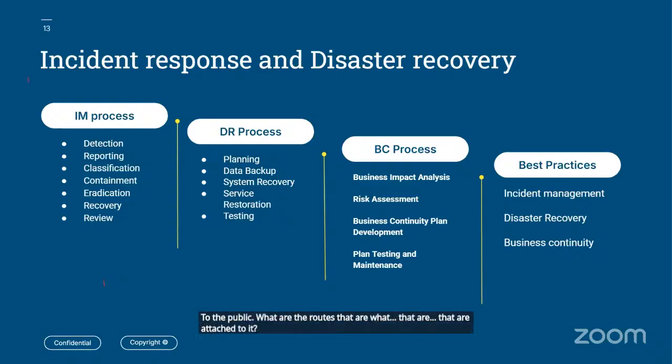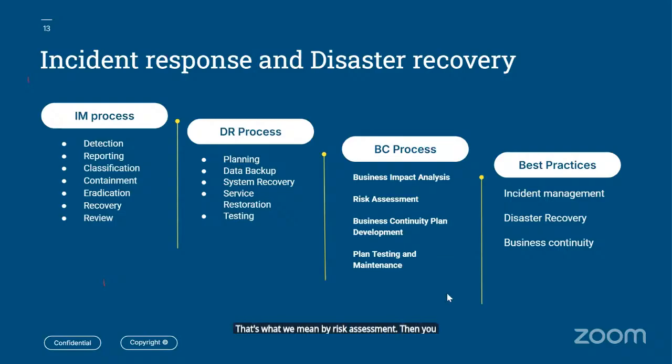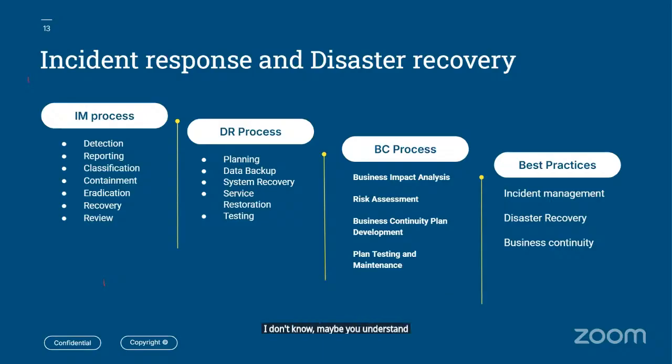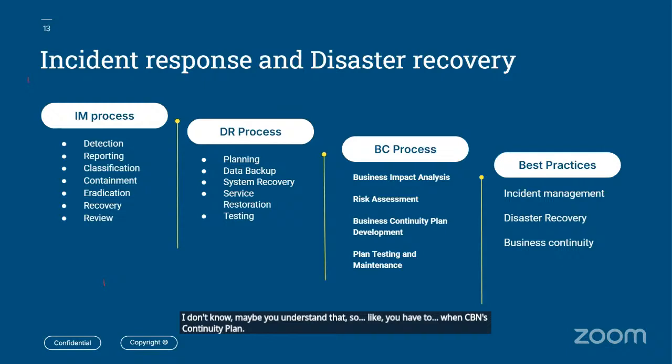So you have to do an assessment. That's what we mean by risk assessment. Then you need to have a business continuity plan. When we say business continuity plan, it's just a combination of the incident management processes I've talked about just now and the disaster recovery. All right.